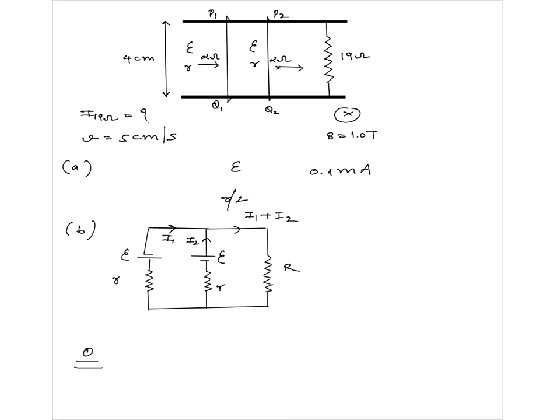So put some EMF along with internal resistance. And then use that formula that we have discussed in current electricity. Two batteries in parallel equal to one battery. You remember that?